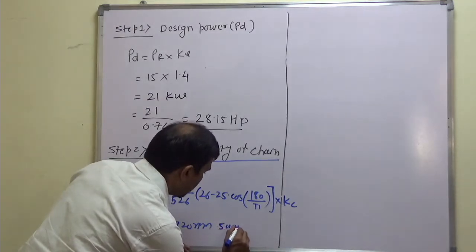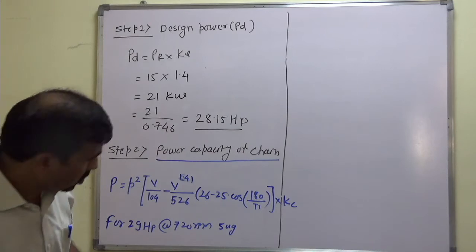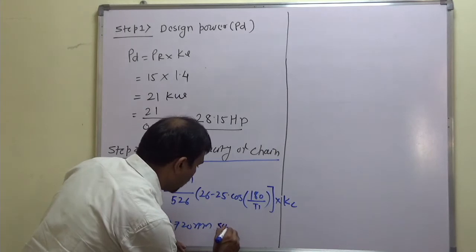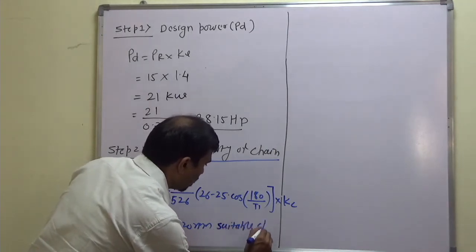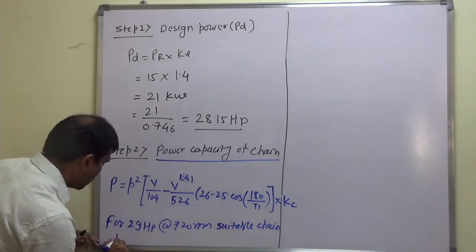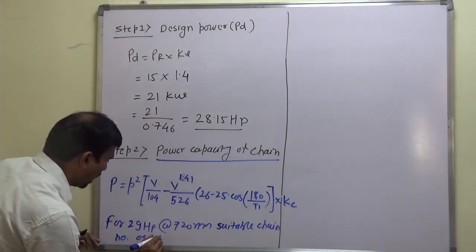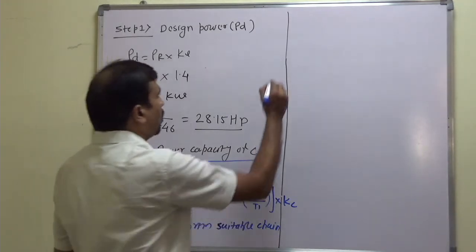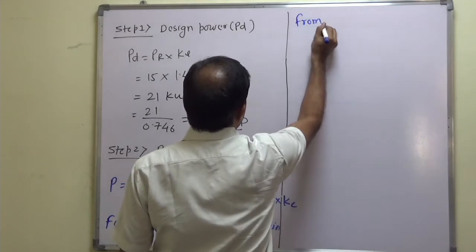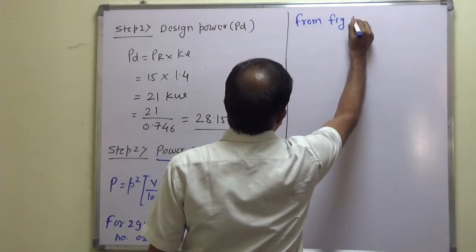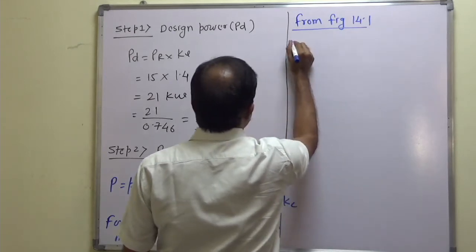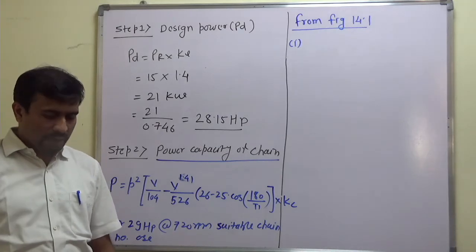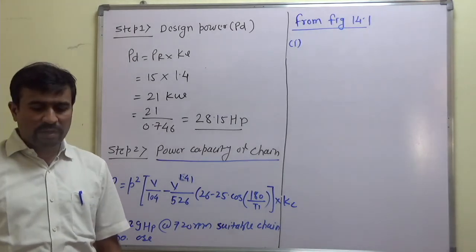Suggested, or we can write, suitable chain number R from figure number 14.1. What is the first option? Just to refer that figure chart, and from the chart just to suggest first chain number.